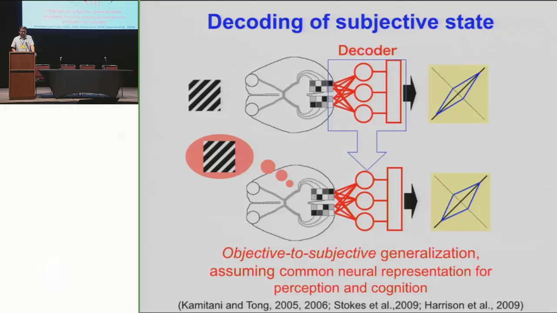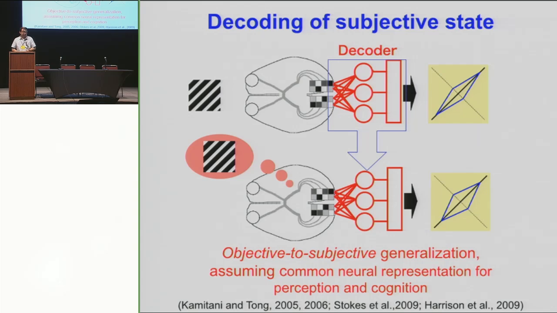Okay, so let me move to another topic, which is subjective states. We have seen decoding of stimulus attributes, and we typically separate measured data into training data and test data. But we can do a more interesting thing by looking at generalization of the decoder across slightly different experimental conditions.